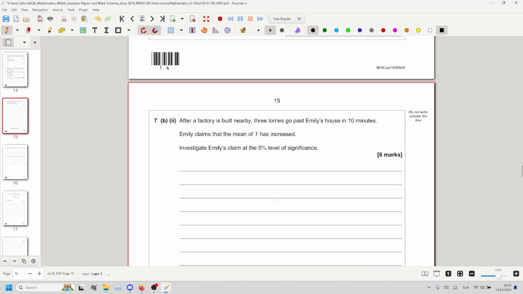Okay, here we go. After a factory is built nearby, 3 lorries go past Emily's house in 10 minutes. So I'm assuming this 3 right here is going to be our test value. And Emily claims the mean of Y has increased.